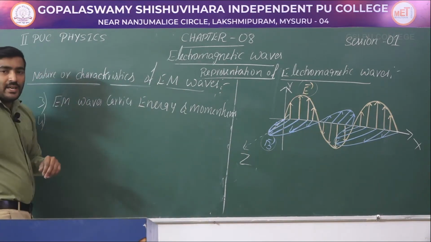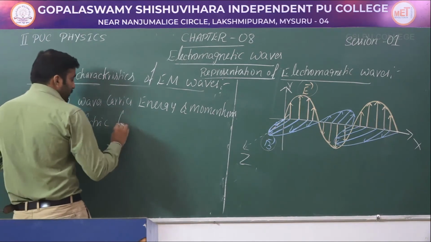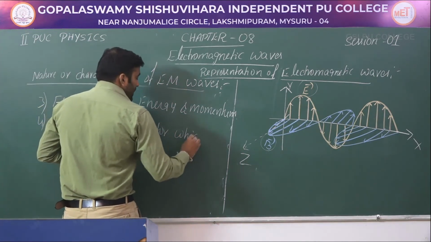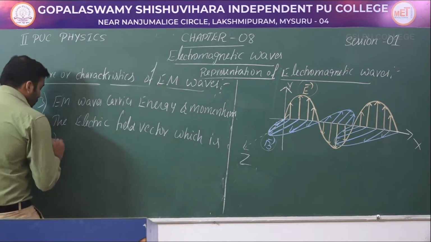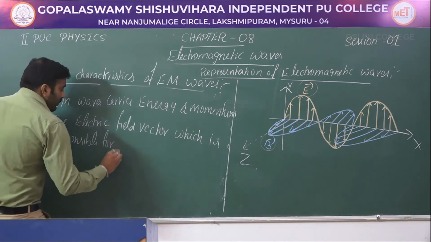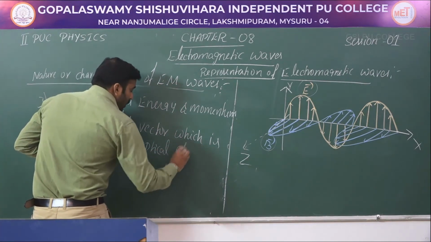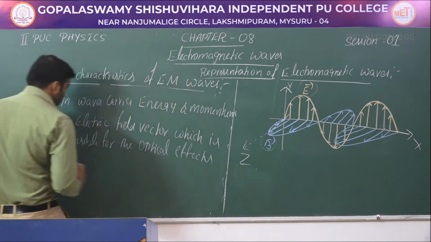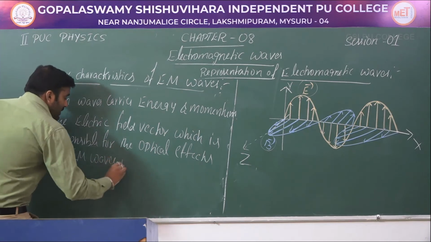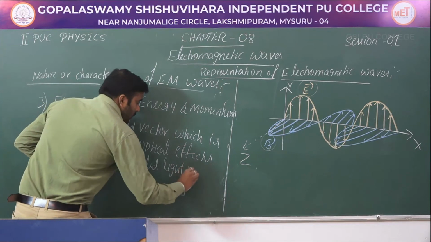The next property is the electric field vector which is responsible for the optical effects of electromagnetic waves, called the light vector.